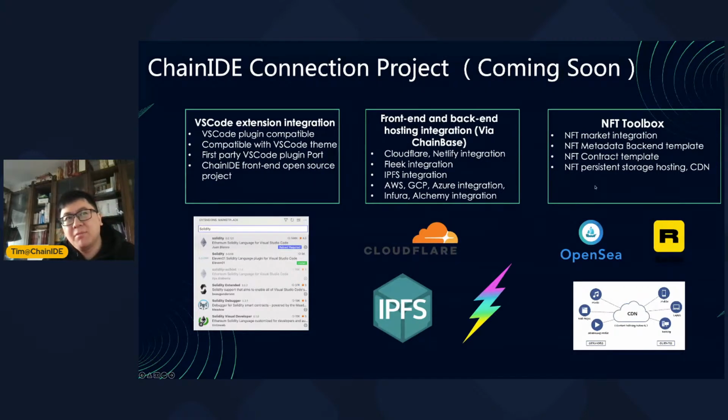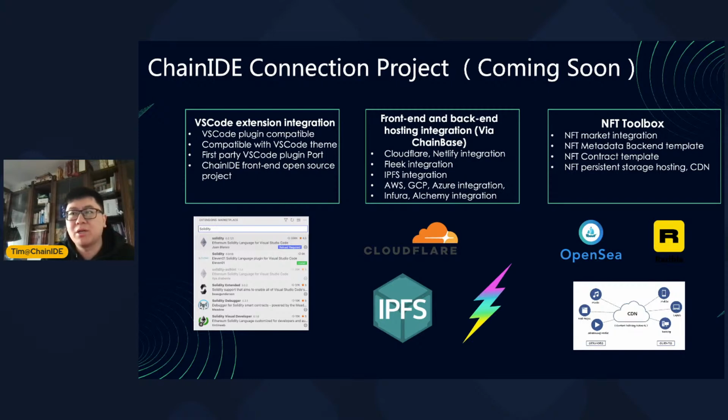Okay, the third part is the NFT Toolbox. The name isn't quite interpretive, but the NFT Toolbox basically means that we want to connect ChainIDE with different NFT marketplaces and different NFT solutions. So we want to integrate ChainIDE with OpenSea, Rarible, and I think other marketplaces on BSC, and also the metadata backend template.